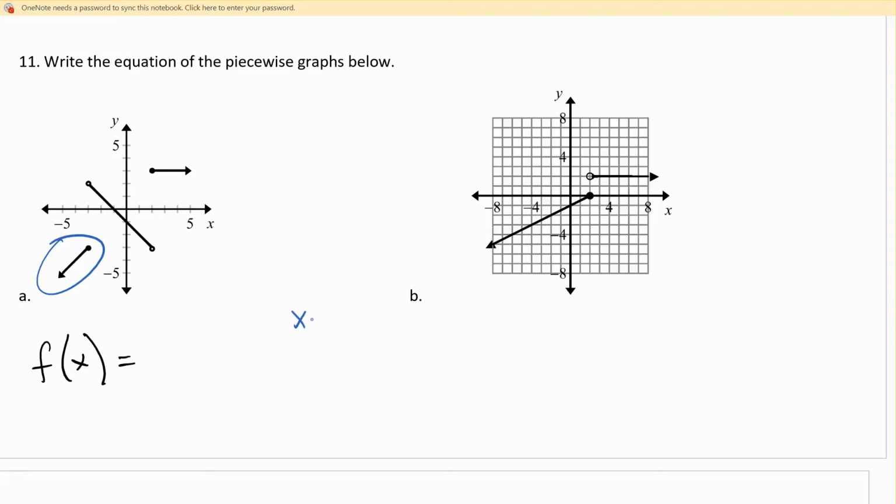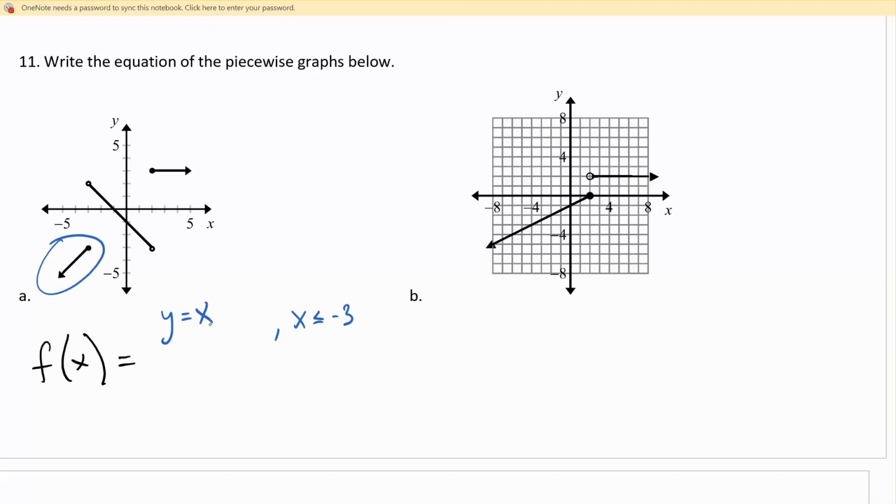It looks like we're going up 1 over 1 as our slope. If I continued this line across, I'd go right through the origin. So that's just y equals x plus 0, because our y-intercept would be 0. So this is just y equals x for x values that are less than or equal to negative 3.